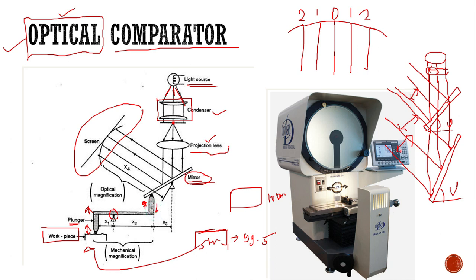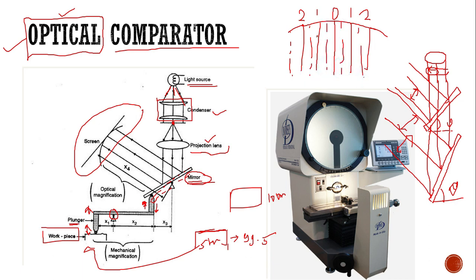In that case, this angle will increase. This is theta angle, this angle will increase. So this mirror may take this position. Due to that, this magnification will increase, and these reference lines may move towards left or towards right in this way.